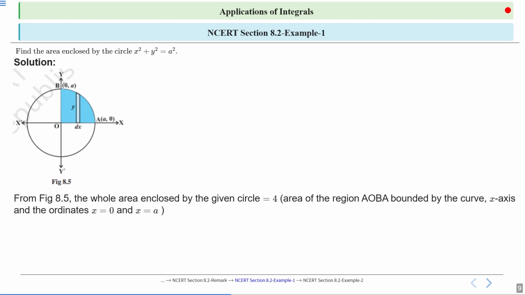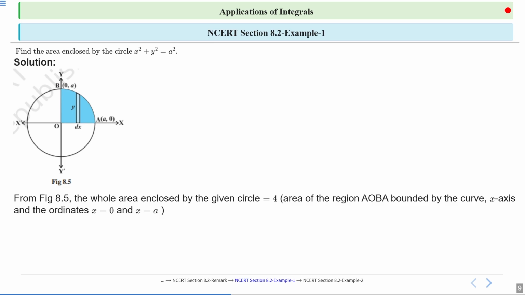Now we have to calculate the area of the region AOBA, and this area is enclosed by the curve, the x-axis, the horizontal axis, and the ordinates x equal to 0, which means the vertical line, the y-axis, and x equal to a, the vertical line we draw at the point a.